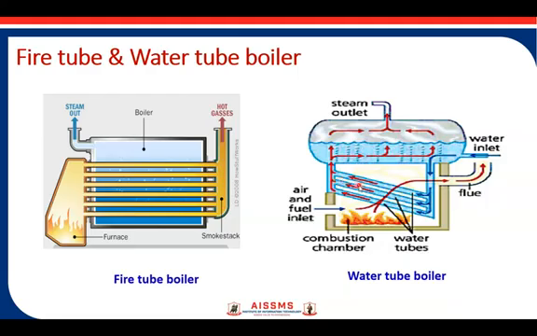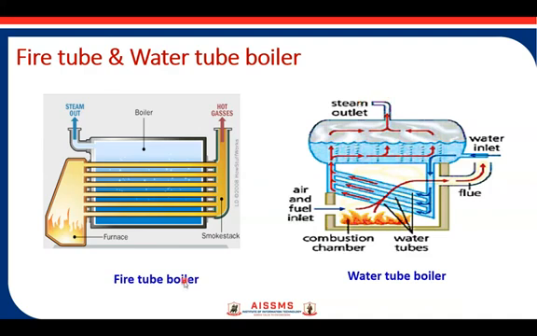Now water will be passed through these tubes, and because of the hot flue gases, water will be converted into steam, and at the top side of the boiler we have the steam outlet from where we can take out the steam.